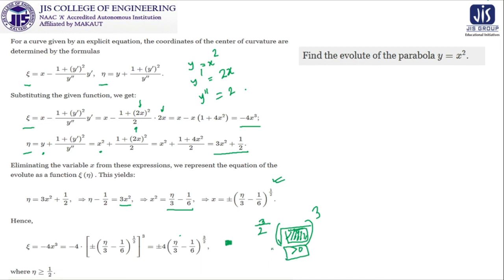You have to follow all these small pieces of beauty in mathematics. So for this particular restriction, this part will be greater than 0. That means η by 3 minus 1 by 6 will be greater than 0. So η by 3 will be greater than 1 by 6.